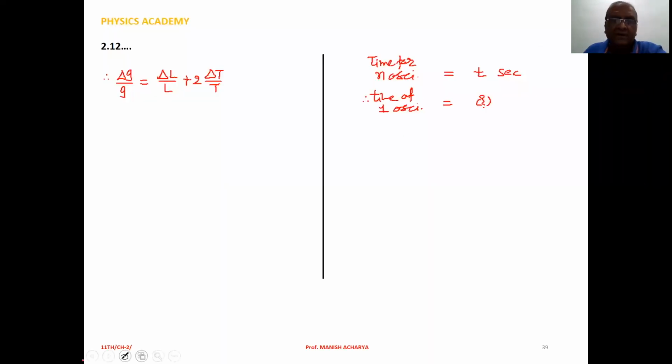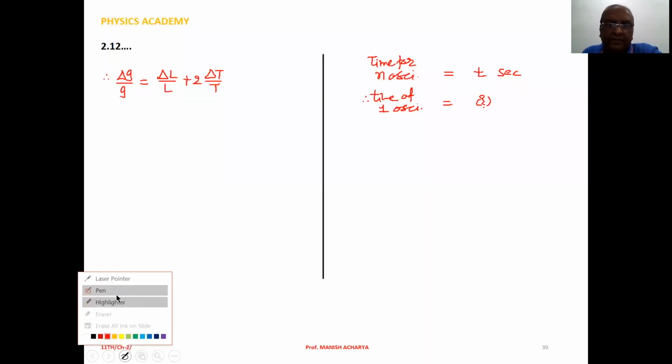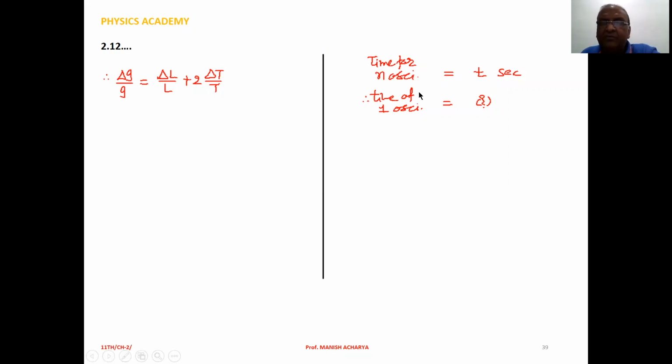Now, we have the time for n oscillations, that is equal to small t seconds. Therefore, what is the time of one oscillation? Here the relationship between capital T and small t is established.